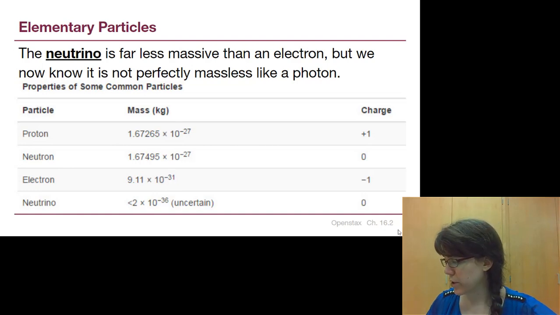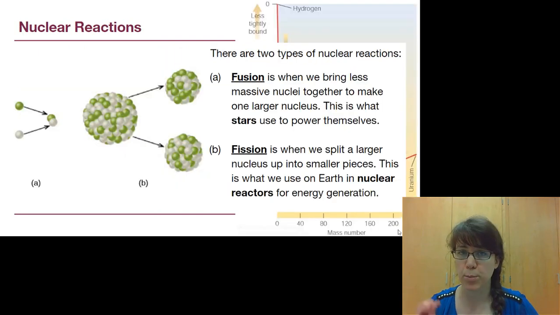Okay, so we've laid the groundwork for what it is that we might see in the reactions that we're going to introduce. The other incredibly important thing for us to understand is the difference between fusion and fission. This is very important.